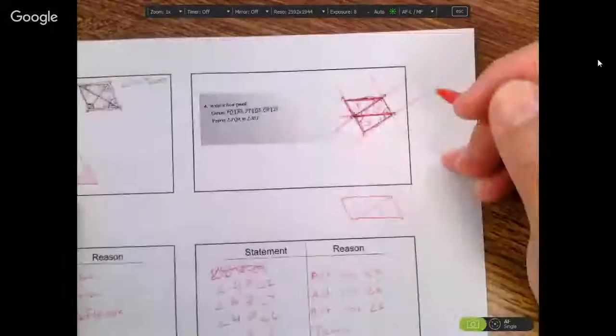I can say that this segment is congruent to itself. So RQ is congruent to RQ. Reflexive.